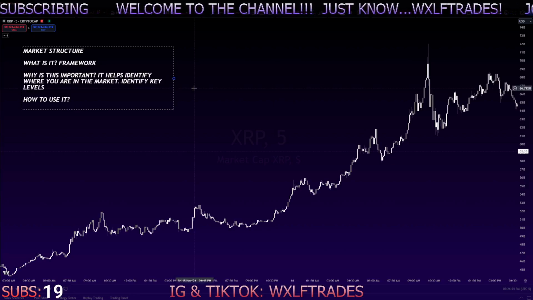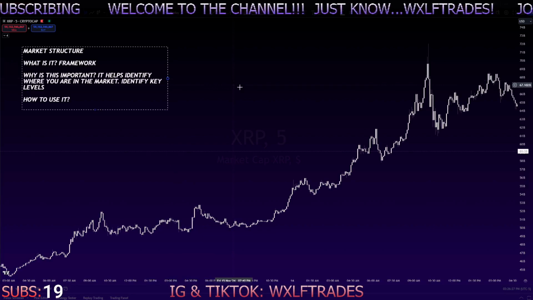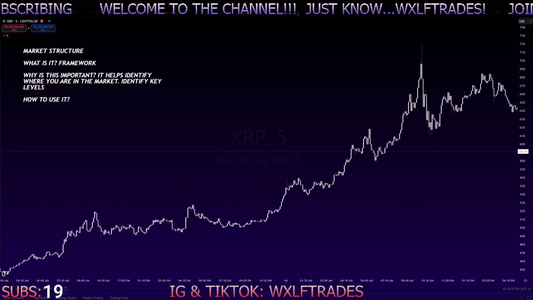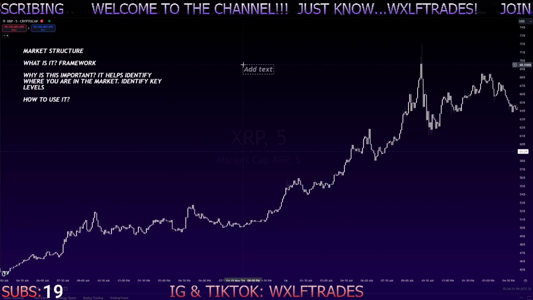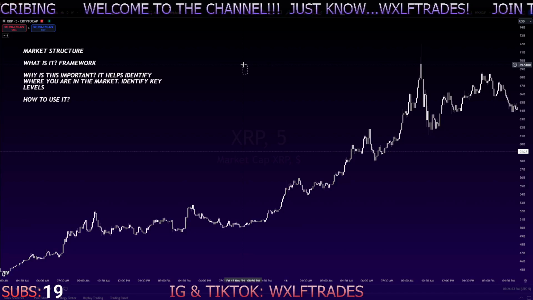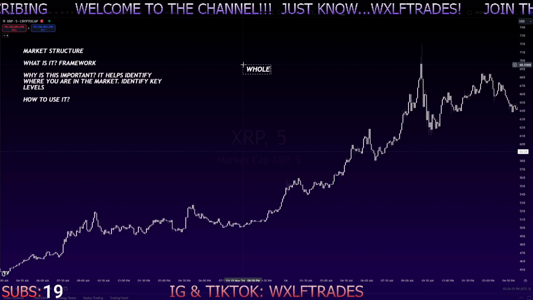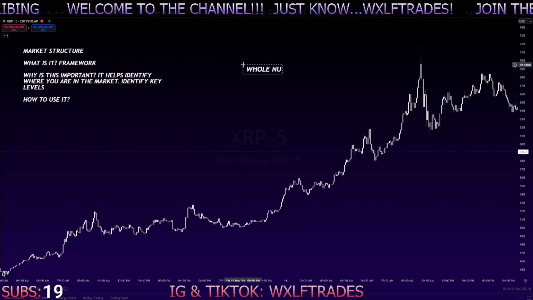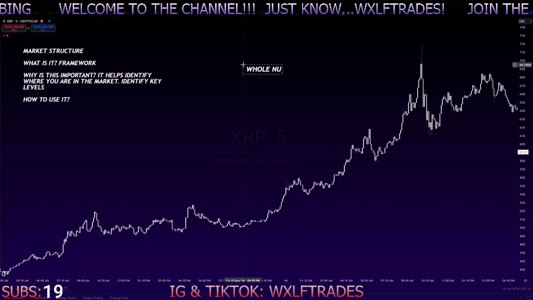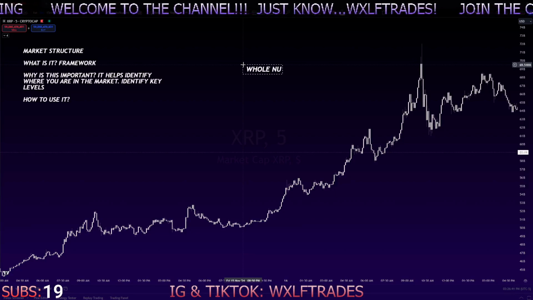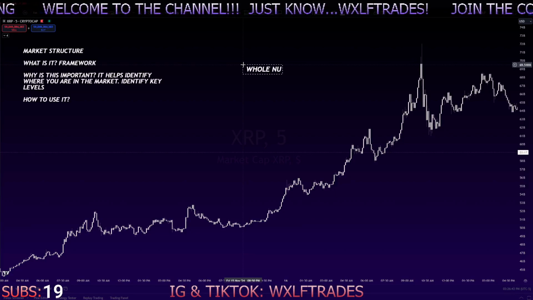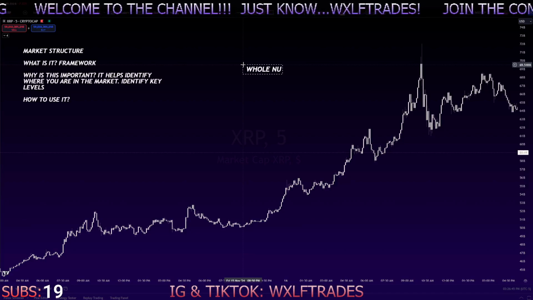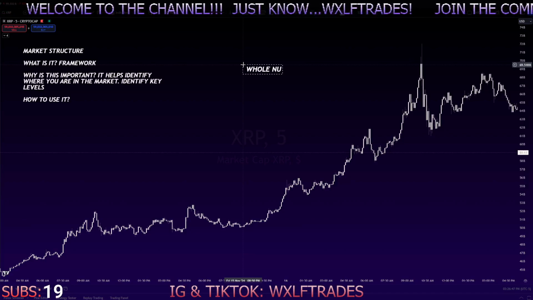All right, what is a key level for super beginners? Key levels can be identified in a range of different ways. It could be, let's say, whole numbers. Whole numbers are like 1 through 100, right? Whole numbers could be significant numbers like 10, 20, 30, 40, etc.